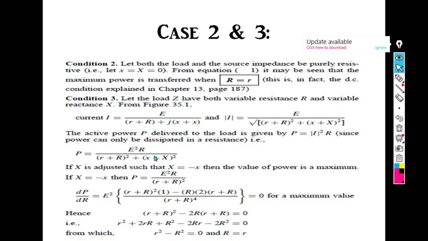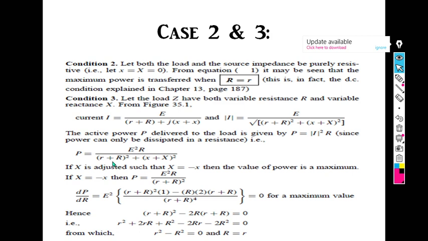So this is variable. If I can vary the reactance, inductive reactance or capacitive reactance or whatever, this x part, in such a way that I can obtain this x value and this is minus, then this part will be 0, and only this part will be present.